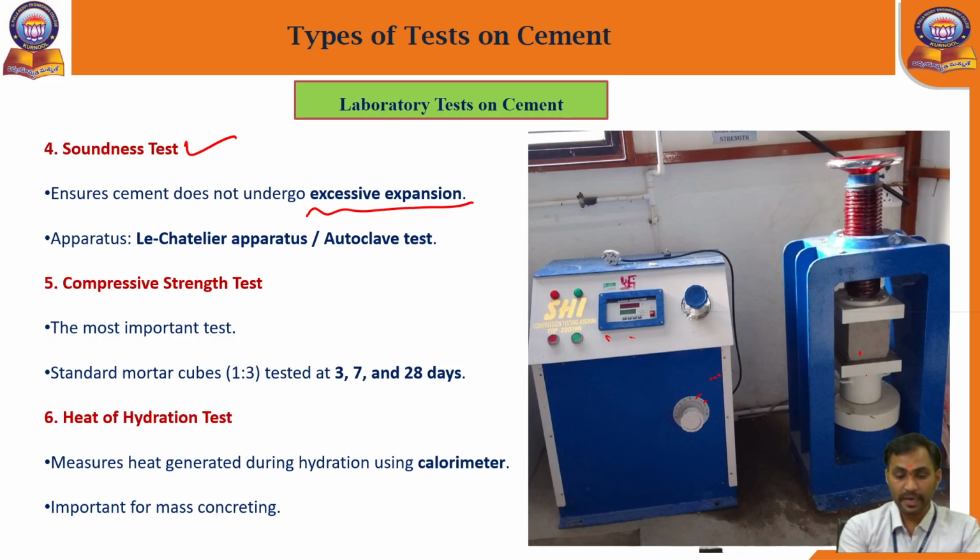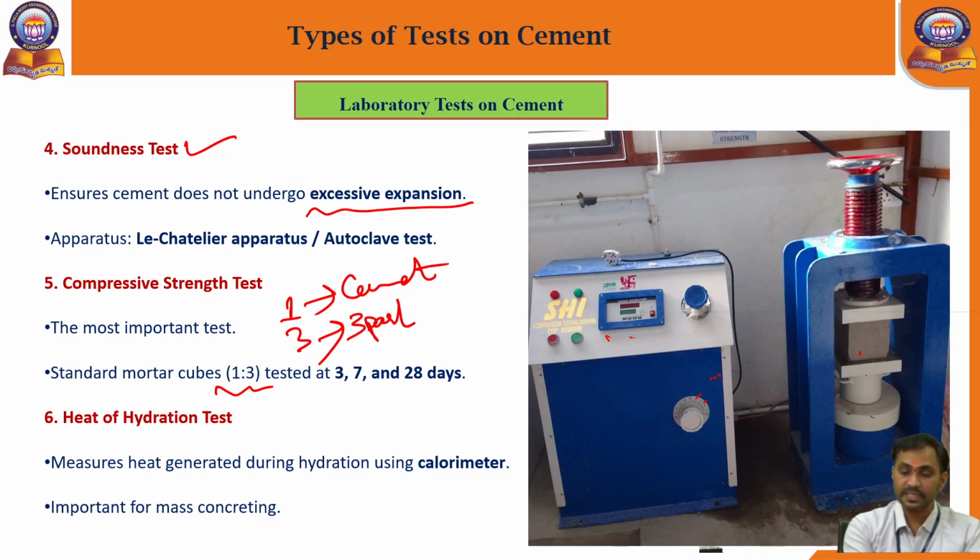To conduct this test, we take the cement to sand mortar ratio of 1:3. 1 is considered one unit of cement and 3 is three parts of sand. If you add aggregate, then it becomes concrete.